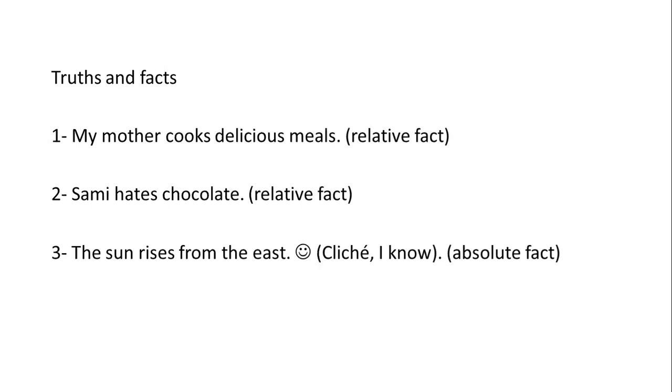Okay, so number one, we said we use the present simple to express habits: every Monday, every Sunday, every year, every month. We use the present simple to talk about facts, to say facts. These facts can either be universal, everyone agrees on them, or they can be personal, relative.